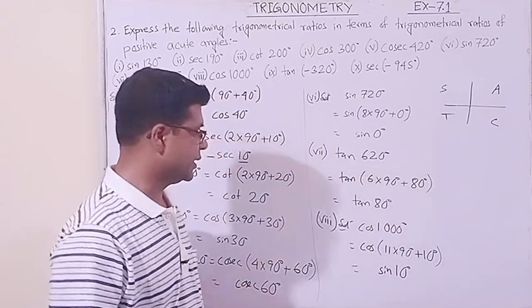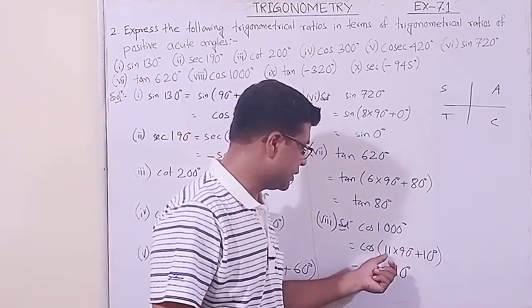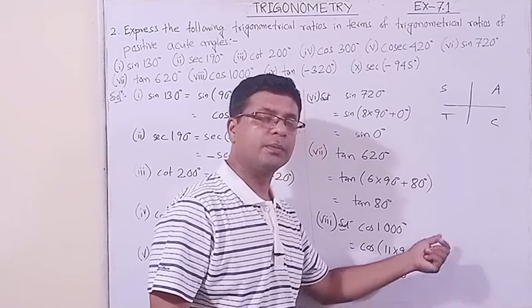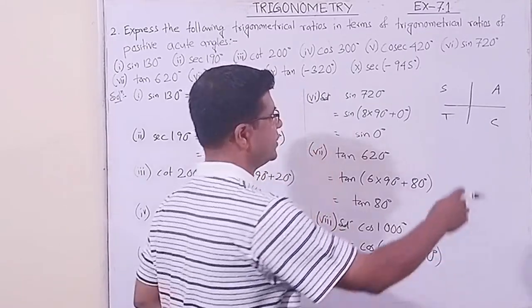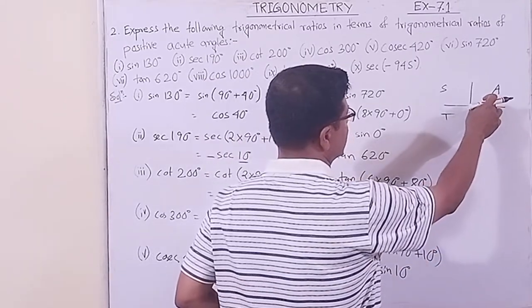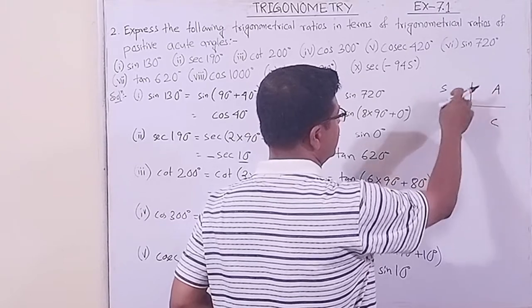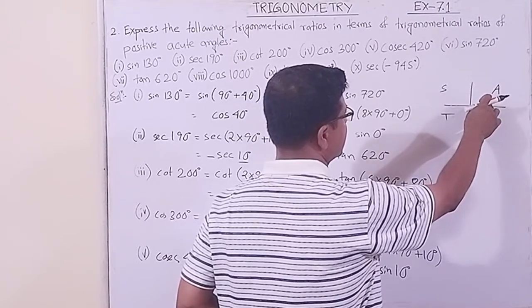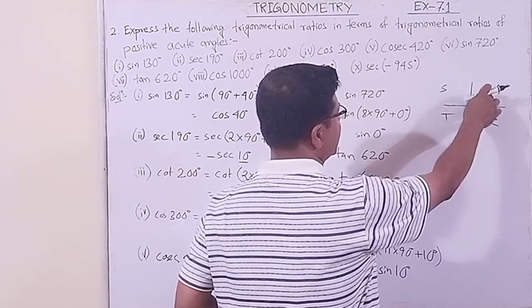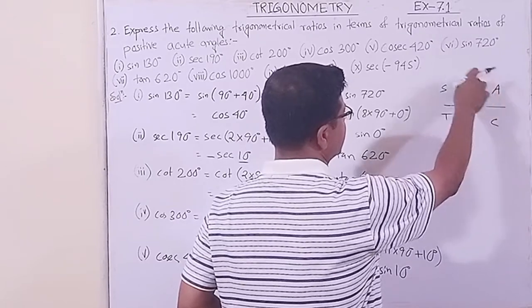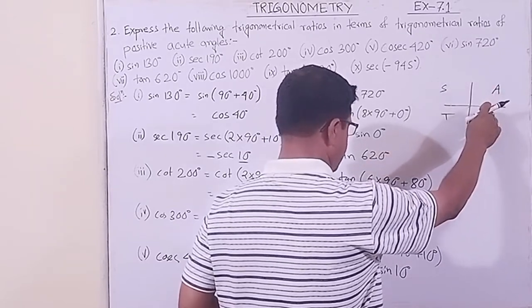Now about the sign. This is in which quadrant? 11 plus 1, 12th quadrant. So directly, okay, this is 4, then 8, then 12, that is here.